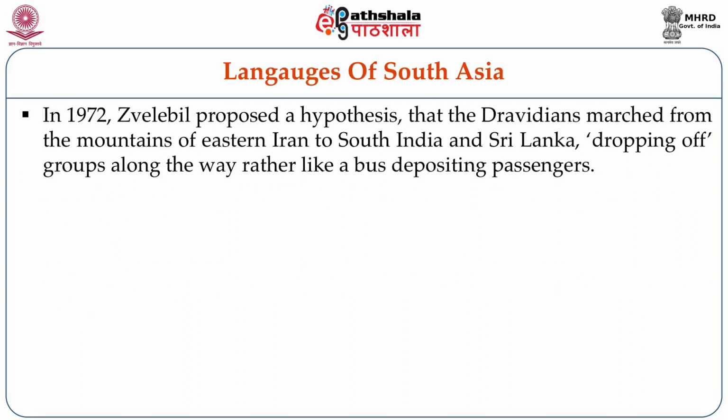In 1972, Zvelebil, a Dravidian scholar, proposed a hypothesis that the Dravidians marched from the mountains of eastern Iran to South India and Sri Lanka, dropping off groups along the way rather like a bus depositing passengers.